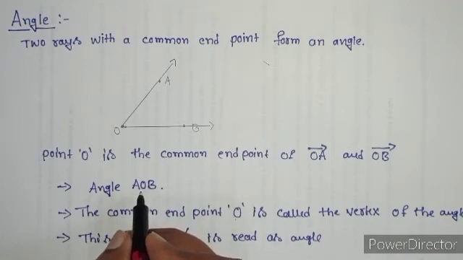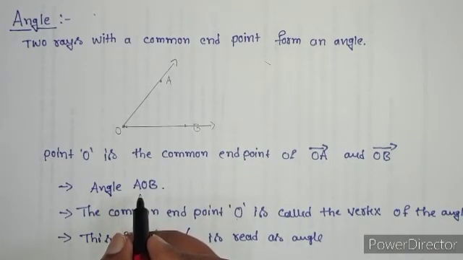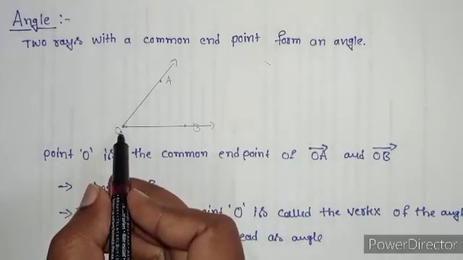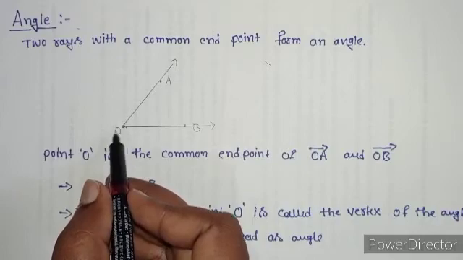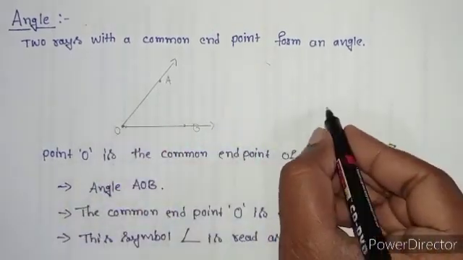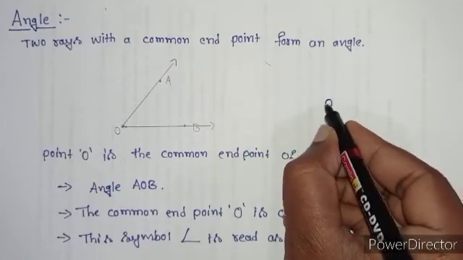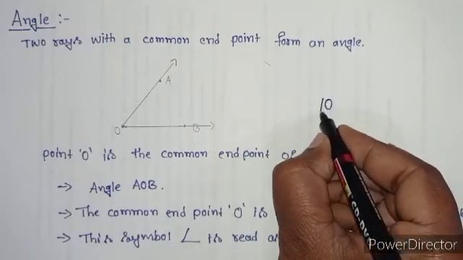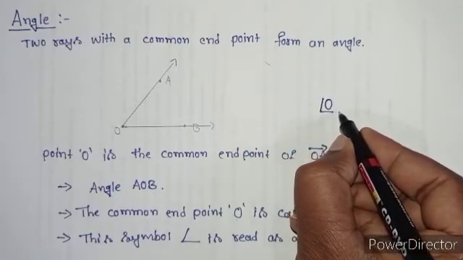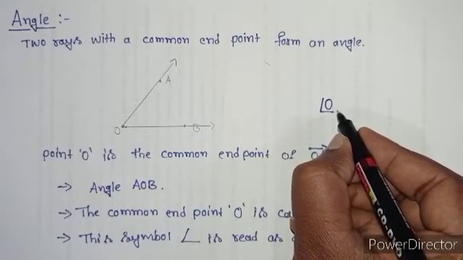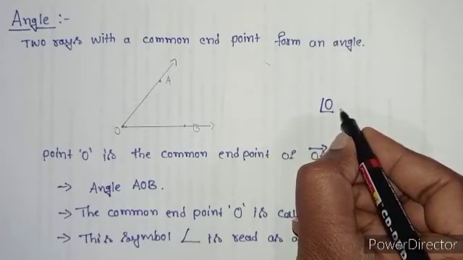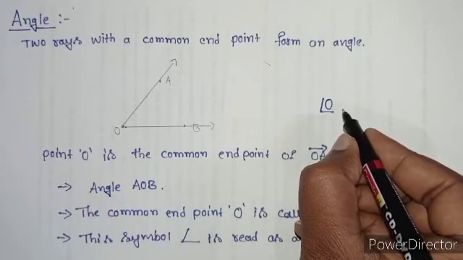We can also name an angle by the vertex only.